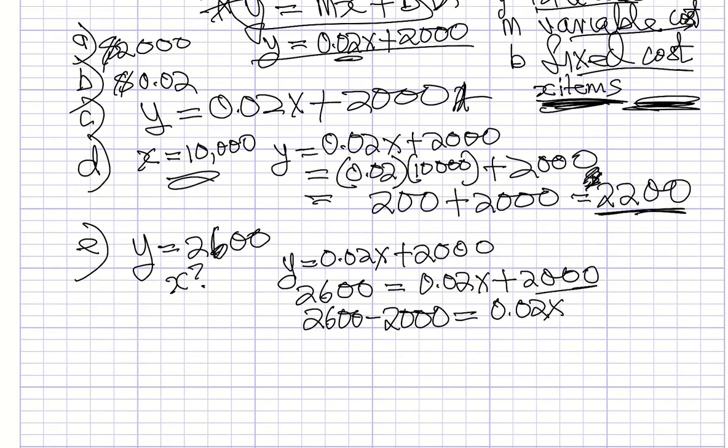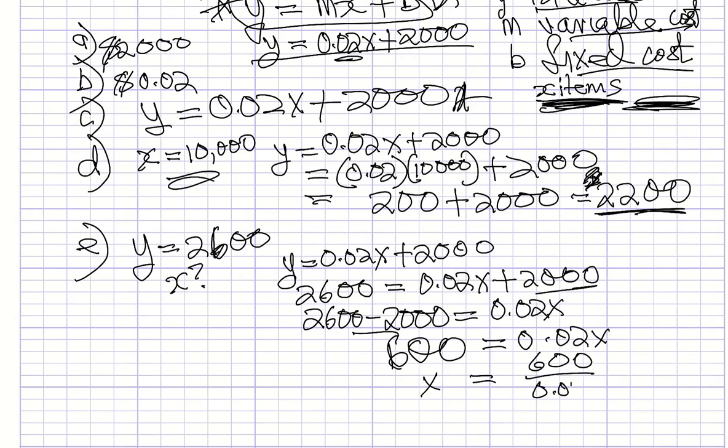All right, see that, right? And you simplify that, you get 600. 600 equals 0.02x, and you say x equals what? 600 divided by 0.02.